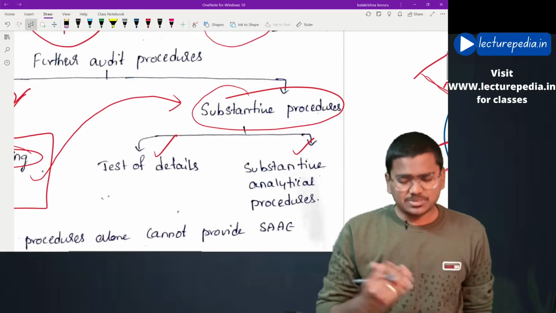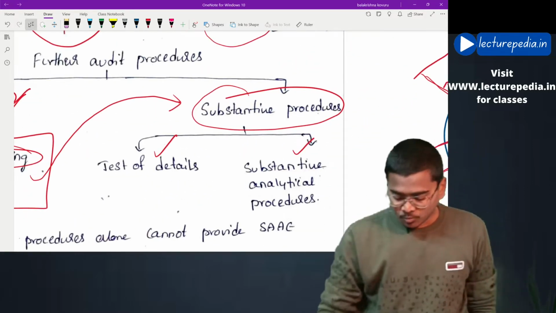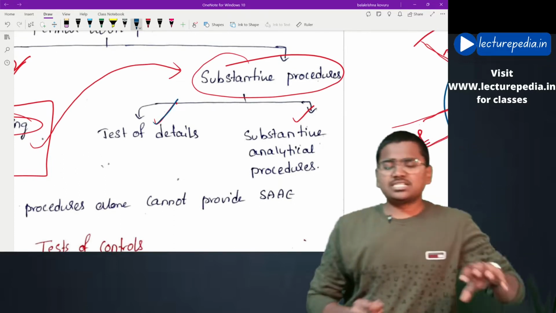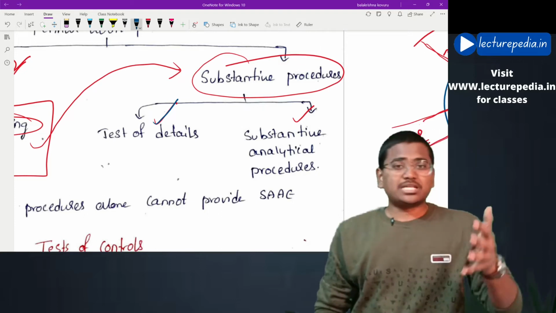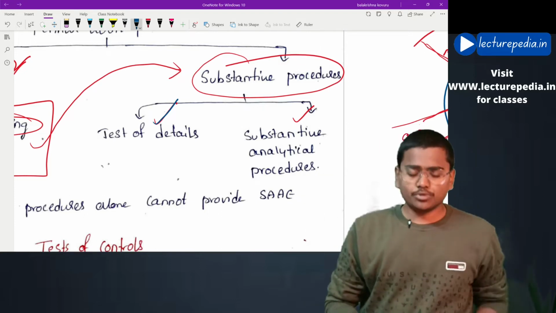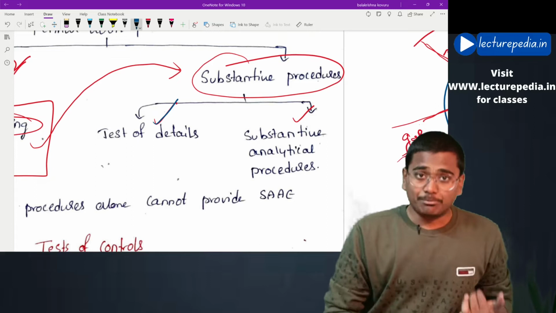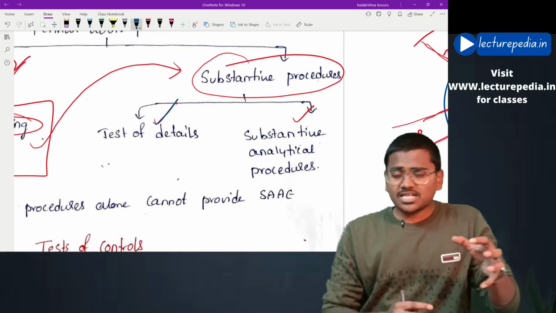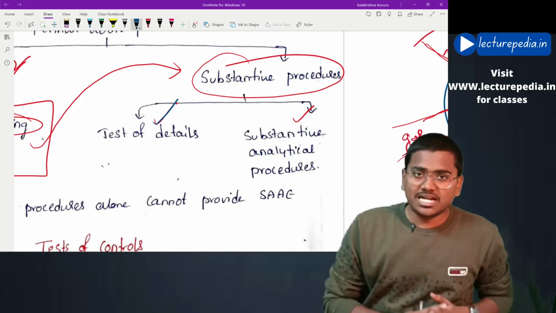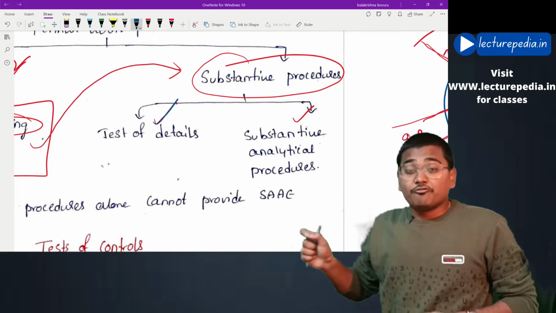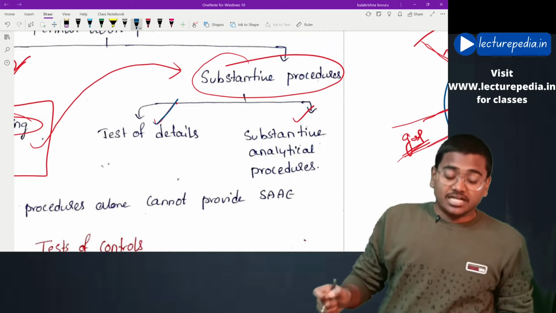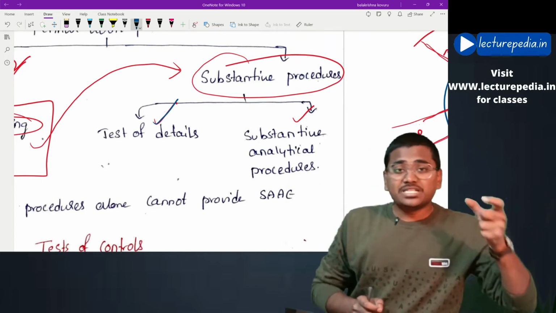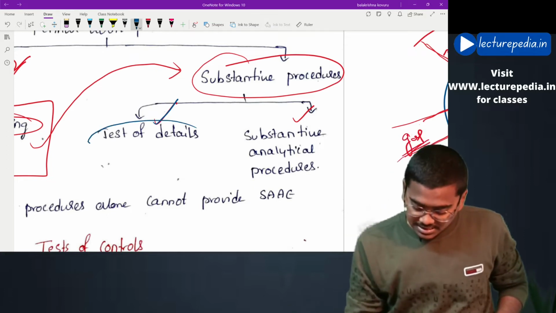Now this substantive procedure can be of two types. One is test of details. Under test of details, let's say the management has given some type of assertions. For example, assertion relating to completeness, accuracy, valuation, like this various types of assertions have been given by the management. Now the auditor will obtain evidence relating to each type of this assertion that has been given by the management under this test of details.